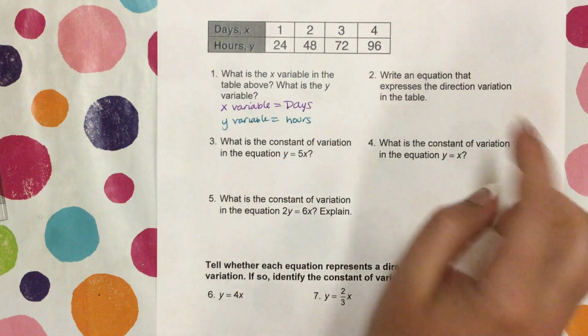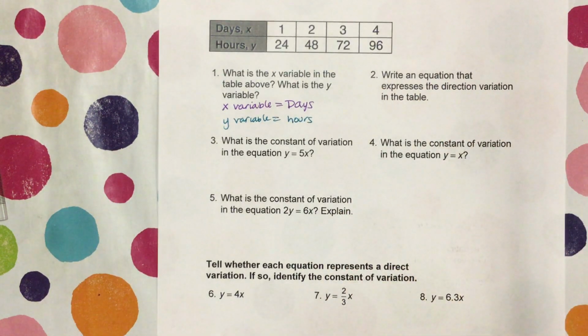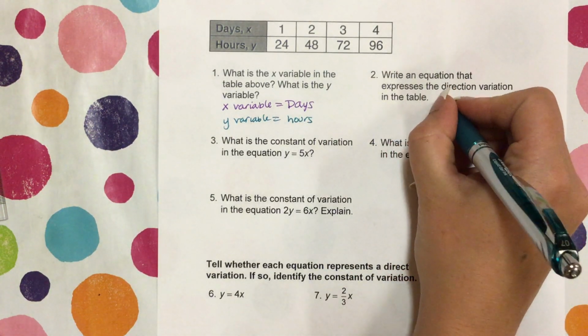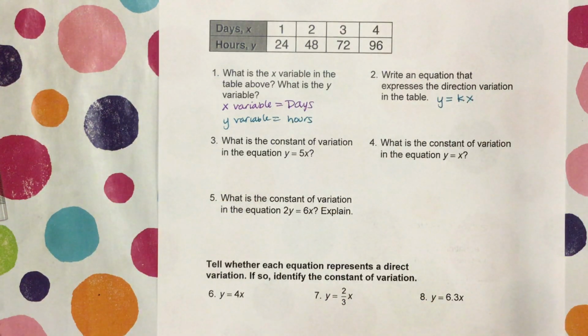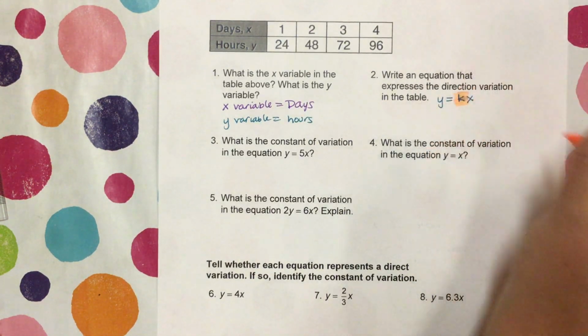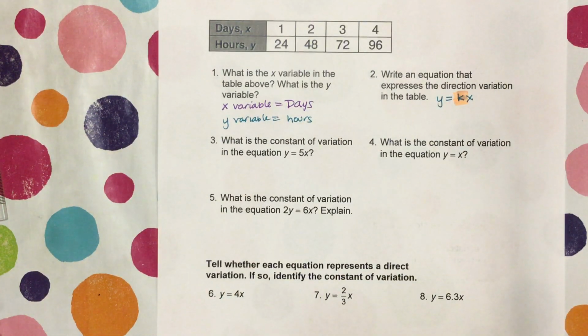is 96 hours. Now what we need to do is write an equation that expresses the direct variation in the table. Okay, so we got to write an equation. Well, what is the equation for a direct variation? We know that the direct variation equation is y equals kx. So whenever you have y equals kx, really the only thing that you need to determine is what k is, because you're going to leave the x and the y as is, okay?